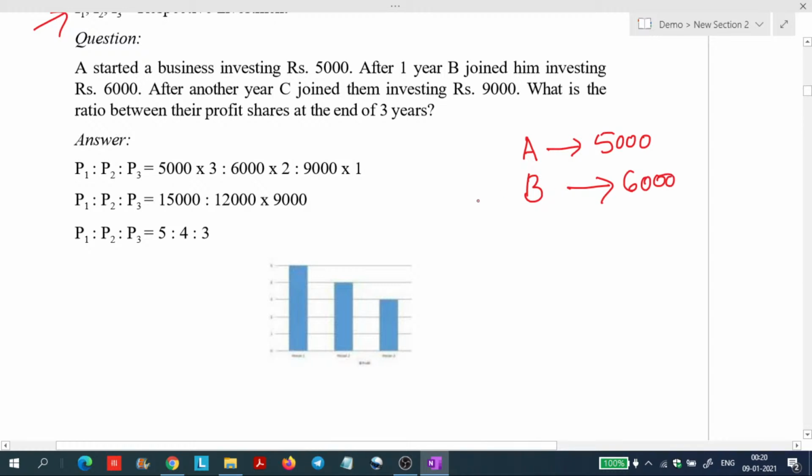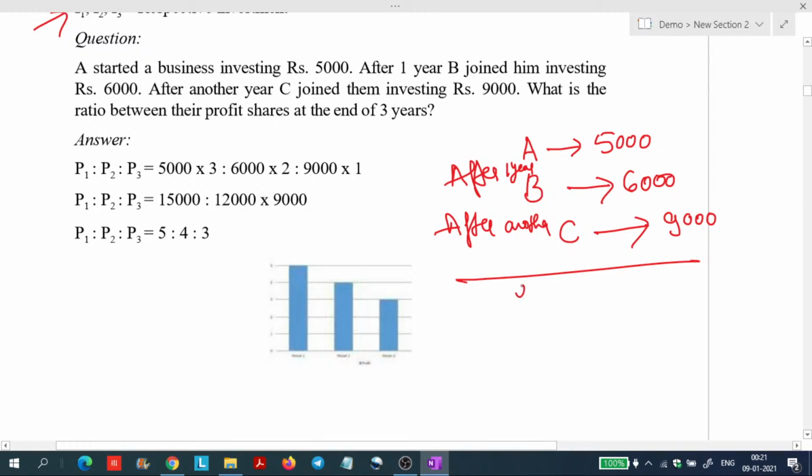After another year, C joined by investing 9,000 rupees. So what is the ratio between their profit share at the end of 3 years?